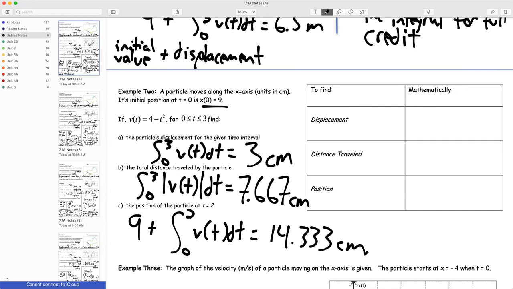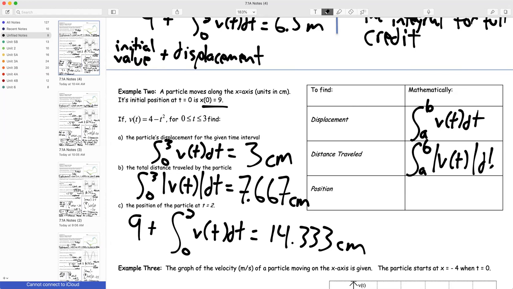So here's a little helpful chart for you. Displacement mathematically is the integral from A to B of v of t dt. Distance traveled, the integral from A to B of the absolute value of v of t dt.